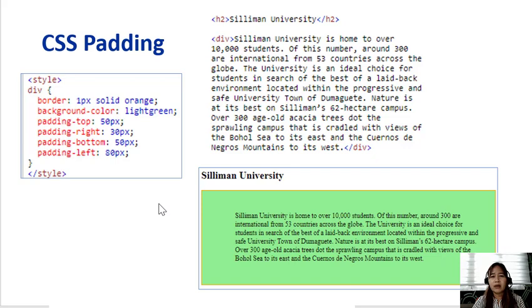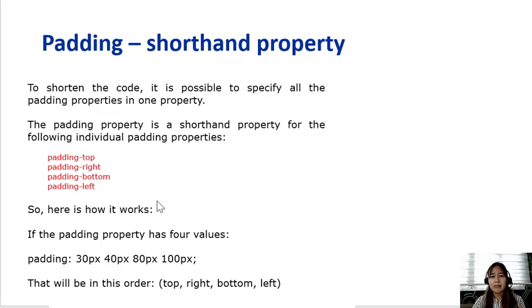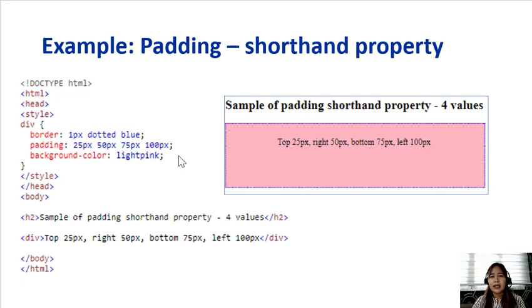Now, there's also what you call a shorthand way or shorter way of specifying padding in CSS, and that is by only writing it in one line. So remember that when you specify a padding, the order is top, right, bottom, and left. So given that, if you're going to say padding colon 25, 50, 75, and 100, 25 here refers to the top padding, 50 pixels refers to the right, 75 at the bottom, and 100 at the left.